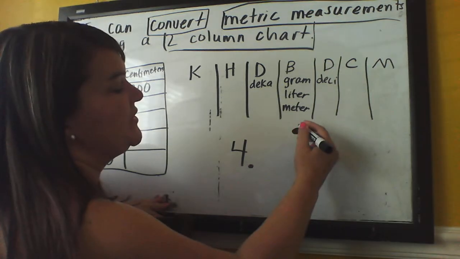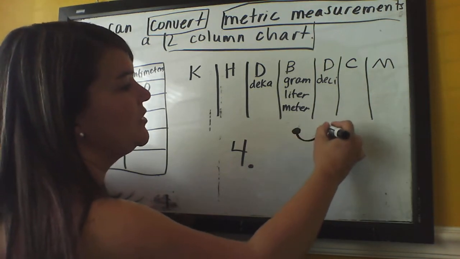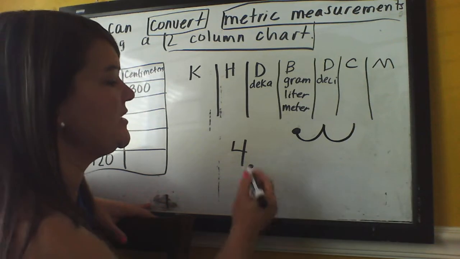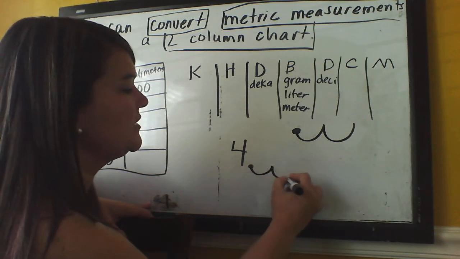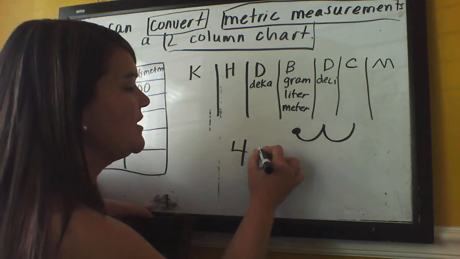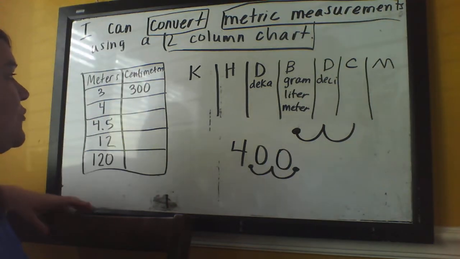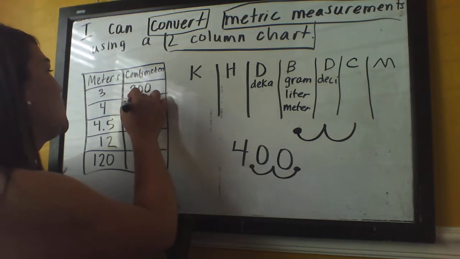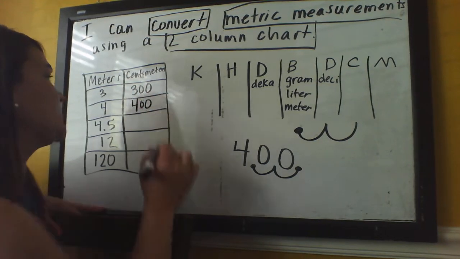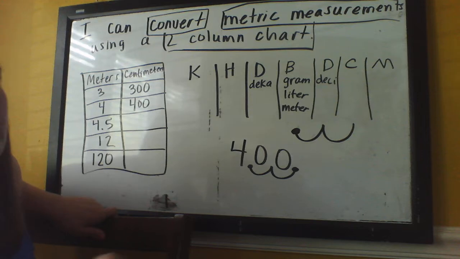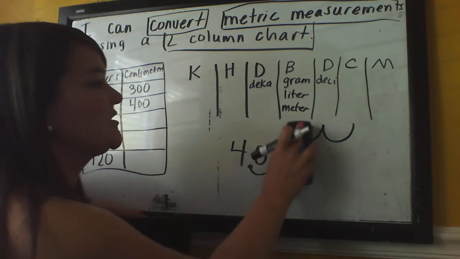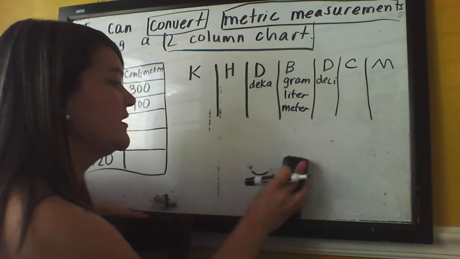I figure out how many places I have to go. 1, 2 to the right. So I move my decimal 2 places to the right, and I put zeros as my placeholder. So in 4 meters there's 400 centimeters because it's 100 times bigger. Okay, so I'm going to erase again.